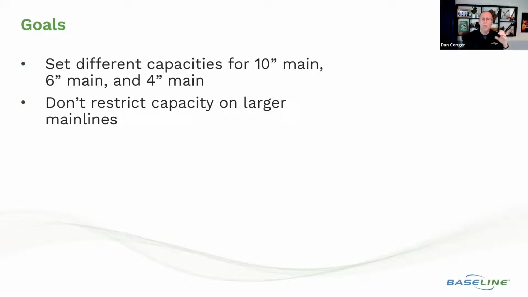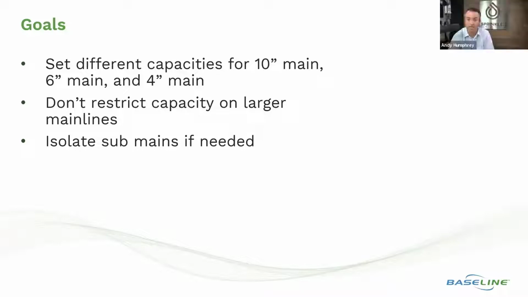So we want the appropriate flow for each main line. And then if needed, we want to isolate submains, and then we could get better flow resolution on those submains as well. So we could see that flow better on the 4-inch as opposed to the 10-inch. Those are 3 things that we want to look at, but there are other benefits that we could come up with on this one.